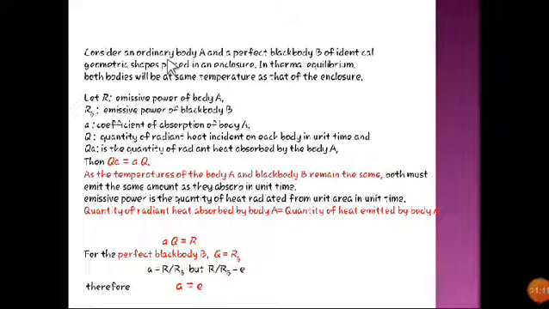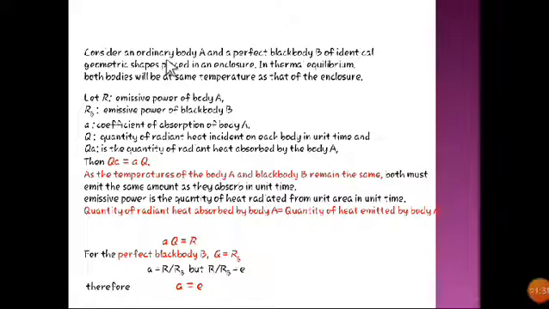We are going to consider two bodies enclosed in a geometrical enclosure in which the temperature is the same. In thermal equilibrium we are going to put two bodies, of which one is ordinary and the second is a black body.